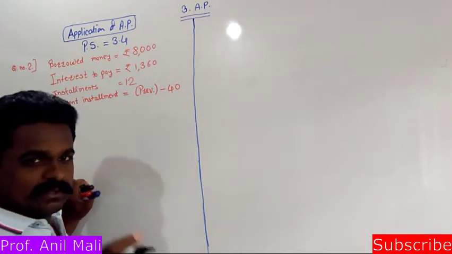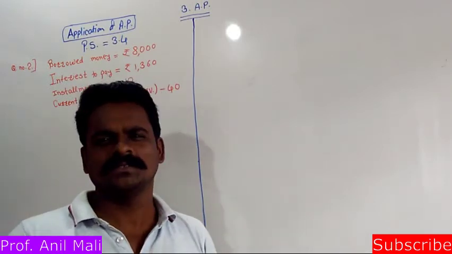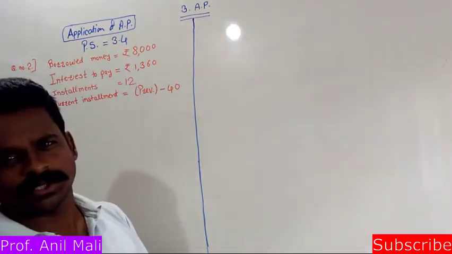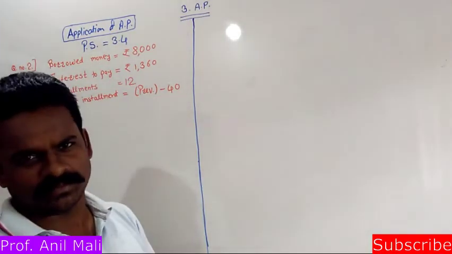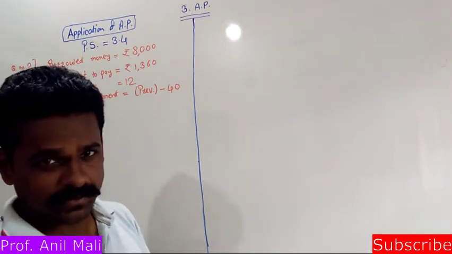That means you can just imagine that this is a problem of arithmetic progression, and in that arithmetic progression we need to find out the first term. Okay, fine, no problem.